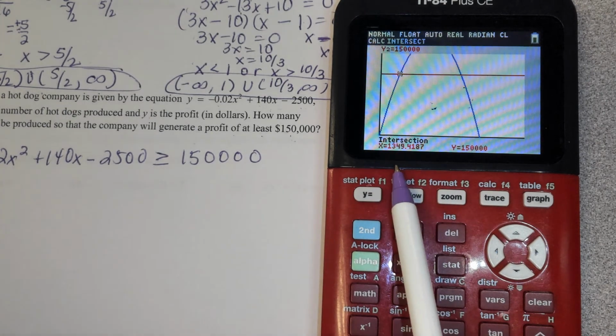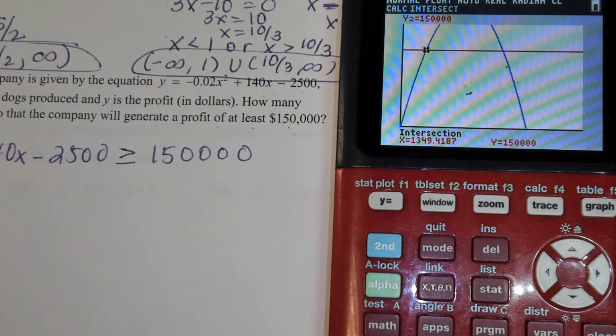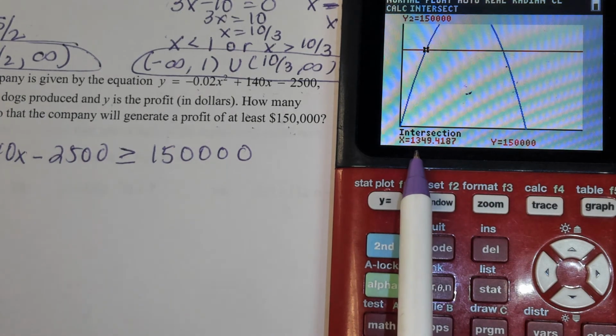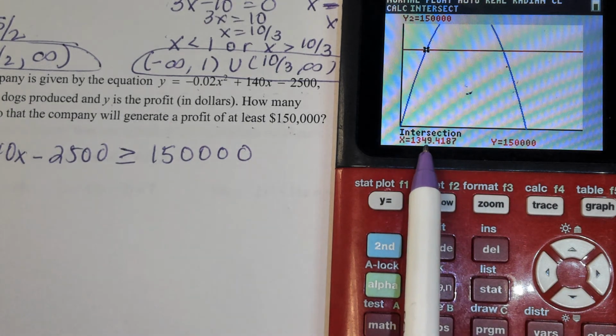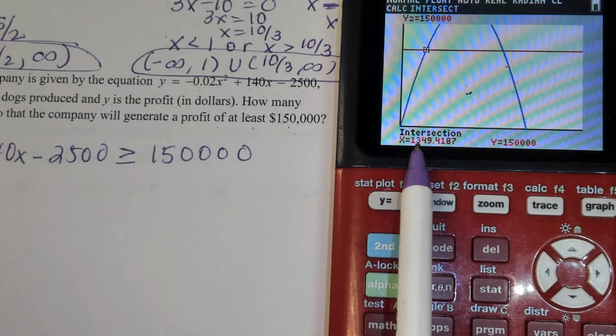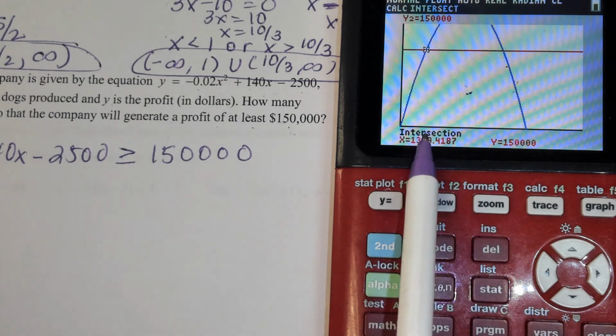Now, I'm not going to round that down to 1,349, even though 0.4 typically would round down, because I have to make at least 150,000. So I'm going to have to round that up, because if I only do 1,349 hot dogs, I'm not at 150,000.